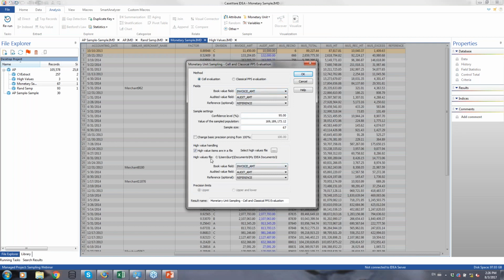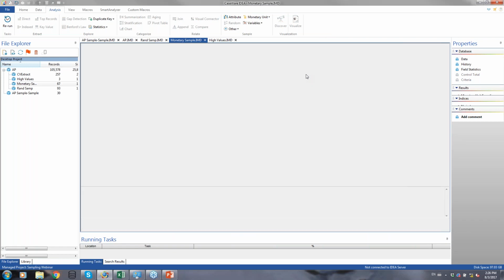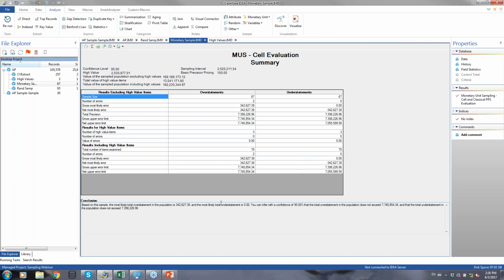Once we've done that, we can then get a projection of the total amount of error based on the precision of the sample, smaller samples being less precise. We get up to $7.7 million, which is less than the $9.1 million that we were hoping to get under. So in this case, these two errors in the sample would pass.